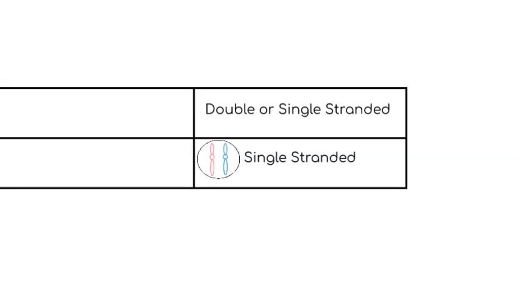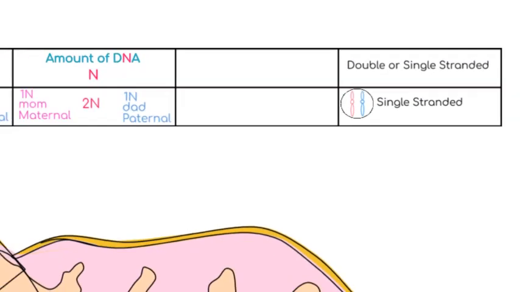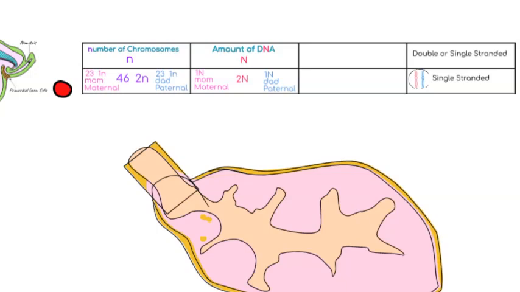Okay. So just to repeat, in these, you have a full set of 46 chromosomes, which are single structured chromosomes, 23 paternal, 1 small n, 1 big N, and 23 maternal, 1 small n, 1 big N. And this is where you get the 2n and the 2N. So this is a regular cell, not a sex cell.